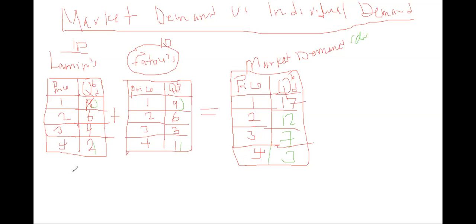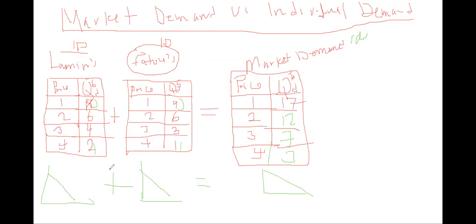So from here, it's possible to draw the graph for Lamin, individual Lamin. It's possible to do for Fatu. So when you add them also, you will have the market demand. So to draw the market demand curve, this is Lamin's demand curve, this is Fatu's demand curve.